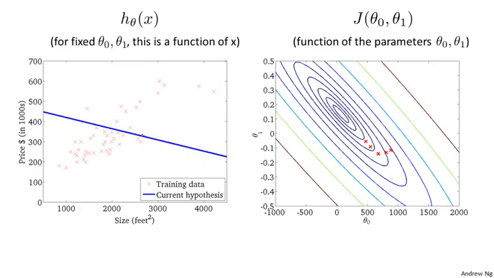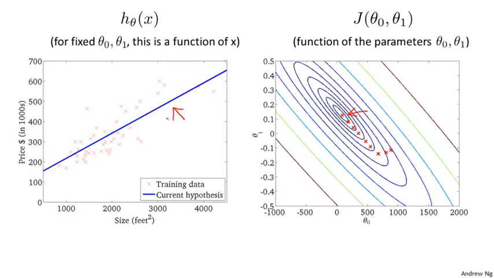And if you look on the left, this corresponds to hypotheses that seem to be getting better and better fits to the data until eventually I've wound up at the global minimum, and this global minimum corresponds to this hypothesis, which gives me a good fit to the data.